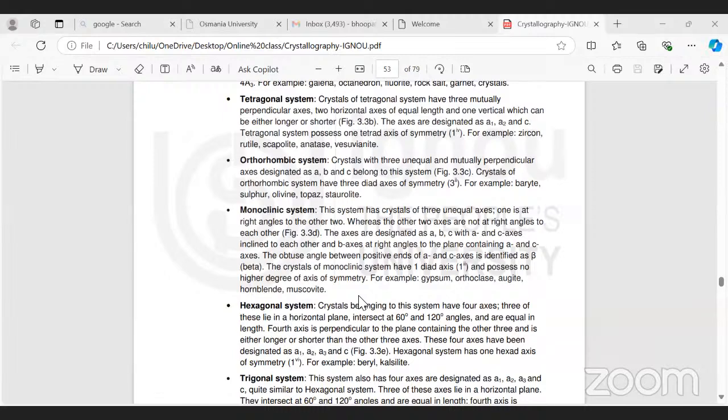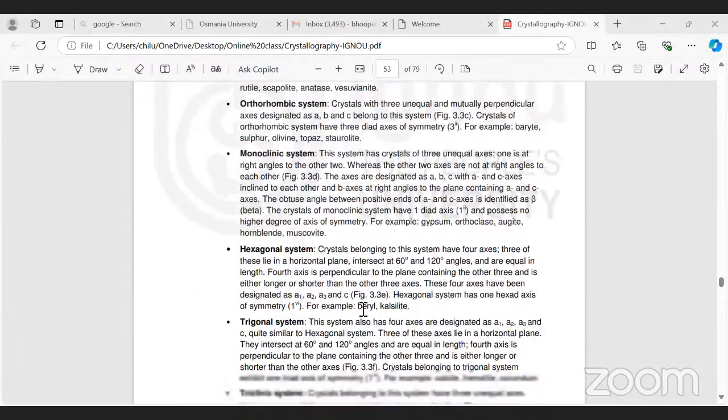Whereas in the second one, the tetragonal system, only two lengths are equal: A equals B, B is not equal to C. In the isometric system, A equals B equals C. And in all three classifications, the intersecting angle is almost always 90 degrees. So that is one thing.